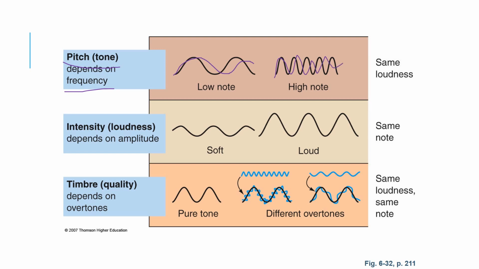Intensity or loudness depends on the amplitude. A small amplitude denotes a soft sound, whereas a higher amplitude is a louder sound. And then one other quality that we have is timbre, or number of overtones.